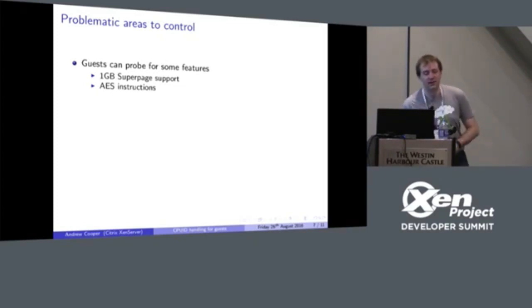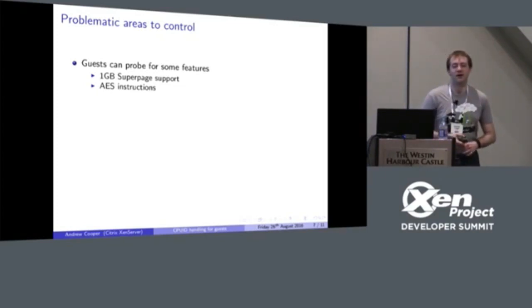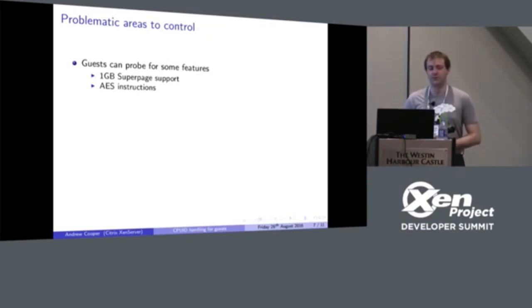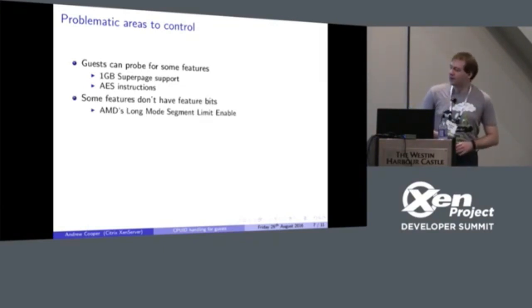AES instructions, again, that's just a feature bit for the instructions themselves. There's no control register to enable or disable the use of them. So again, a VM that probes around can find and start using them, and then may get unhappy when it moves to hardware that doesn't have them.